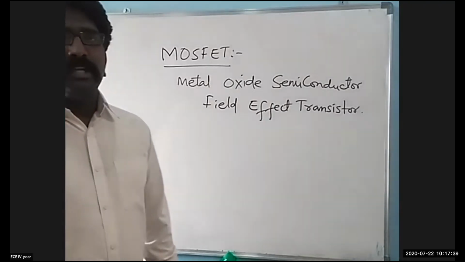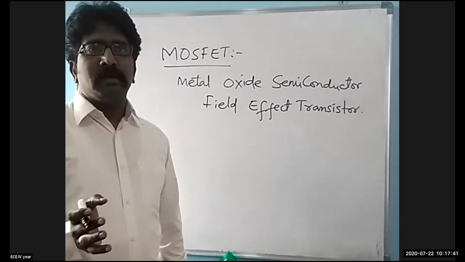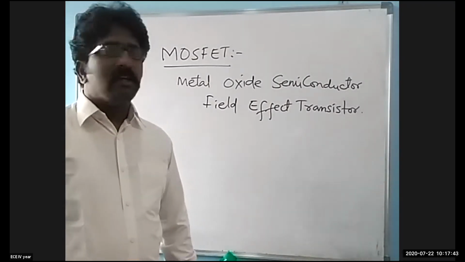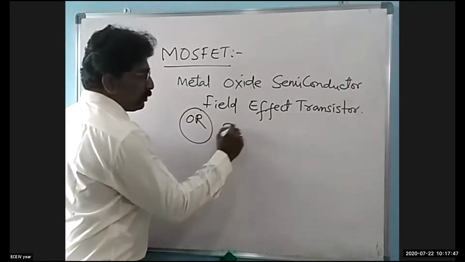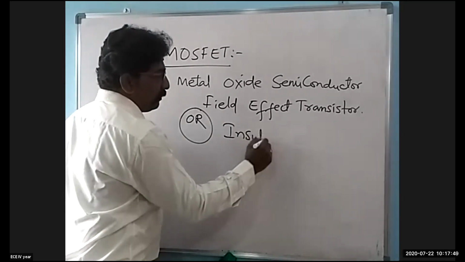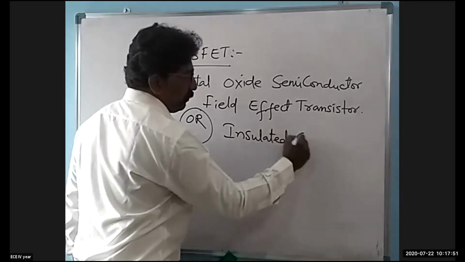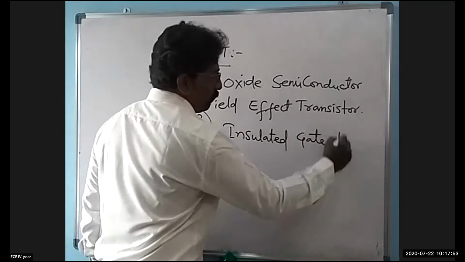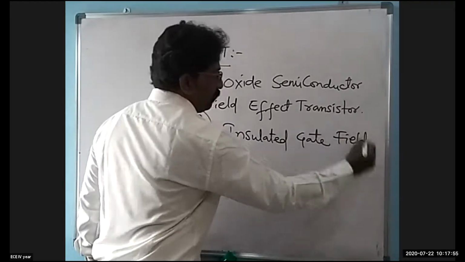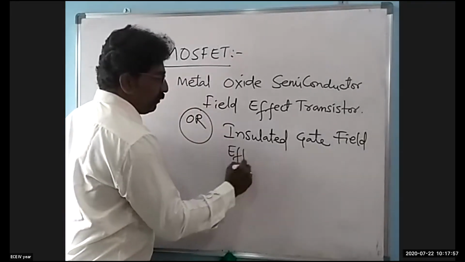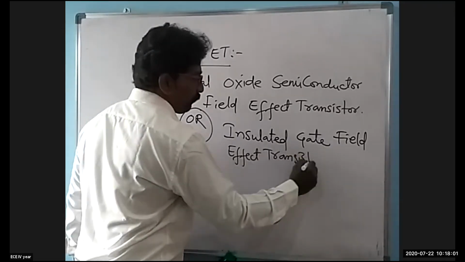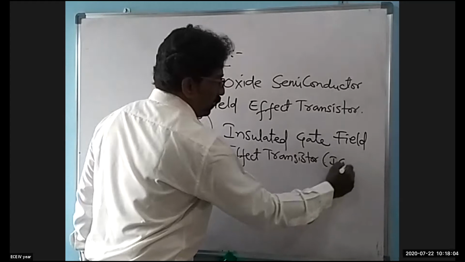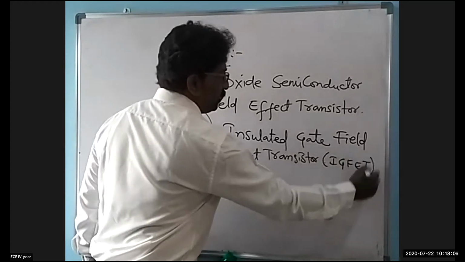Since we use insulated gates while manufacturing the MOSFET, it is also called an insulated gate field effect transistor, short form IGFET.